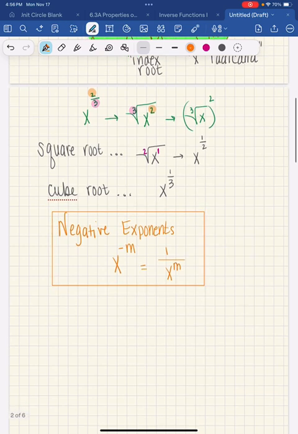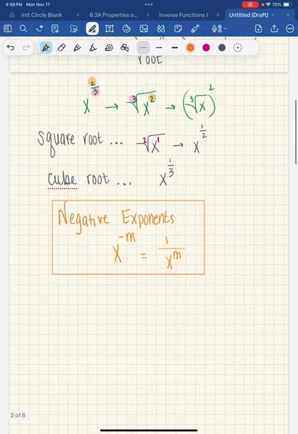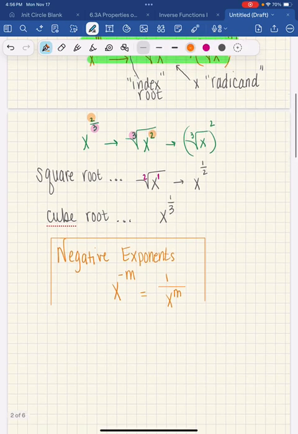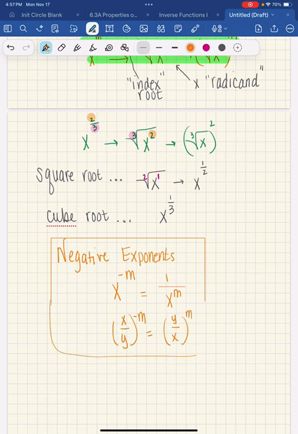So if you start with a fraction, like x over y to the negative m, that is y over x to the positive m. And that is negative exponents.